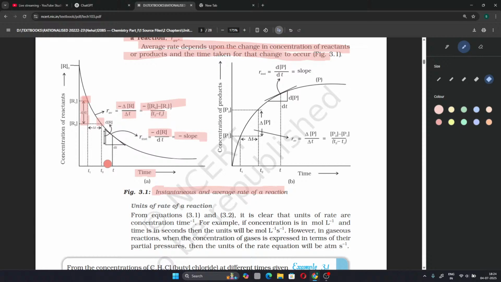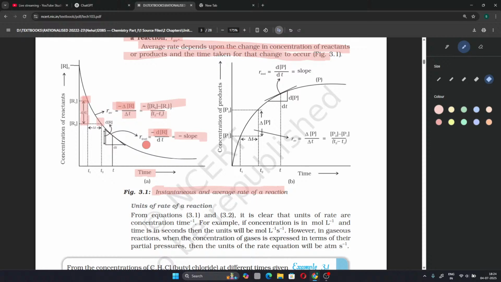They are just calculating the average rate by substituting in this formula, and in case of instantaneous, they substituted in this formula. The slope is the change in y coordinate by the change in x coordinate, so where the value is negative, the slope is also negative.